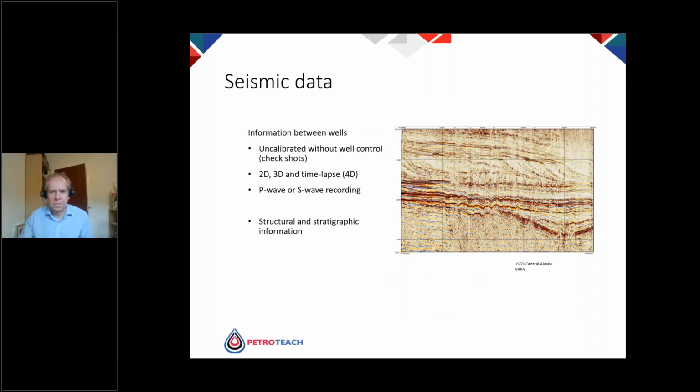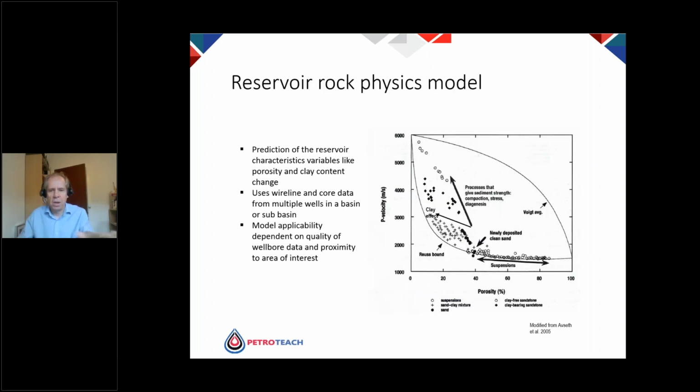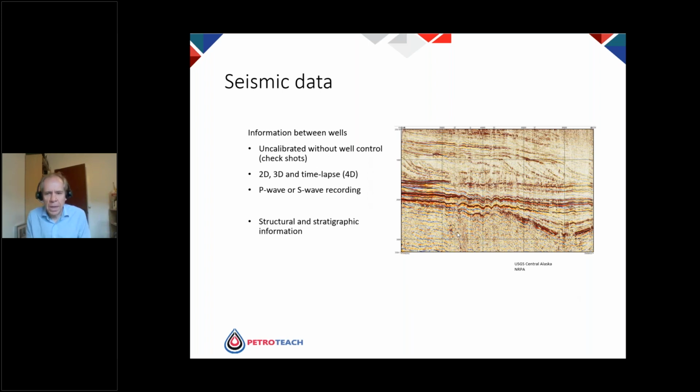So I've got my seismic rock physics model. I've got some idea of how the seismic should behave. I have my seismic data, and this gives me information between the wells. I mentioned this already, it's uncalibrated without check shots. The seismic velocities are not necessarily going to match the well, so we have to do some calibration.